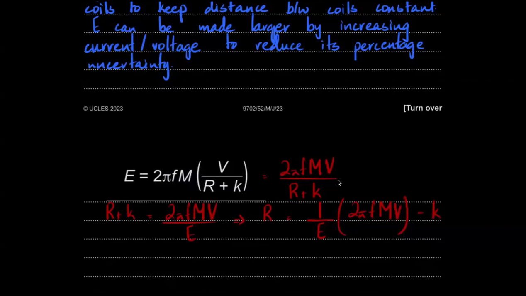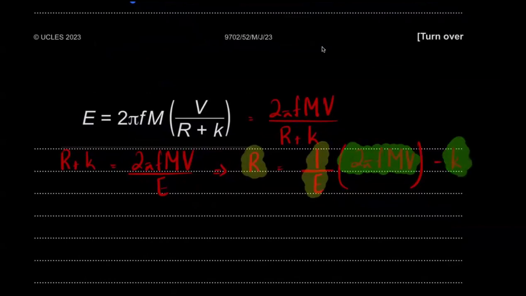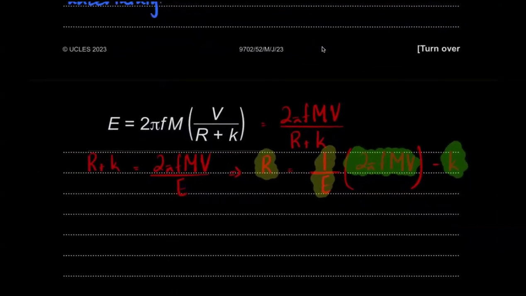There is no hard and fast rule on what you want on your y-axis and what you want on your x-axis. It works both ways. So what I'm thinking now is that I can have this on my y, this on my x, and then whatever is my x, all of this is my gradient, and all of this is my y-intercept, right?